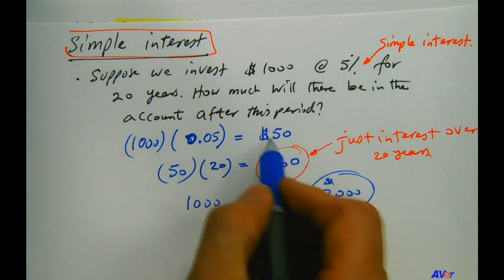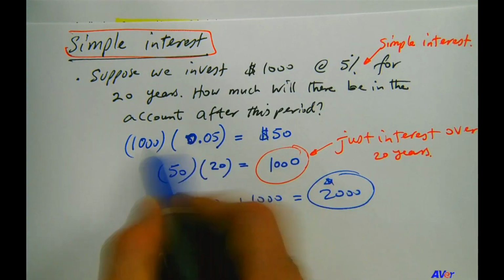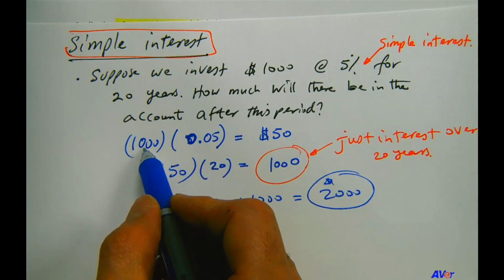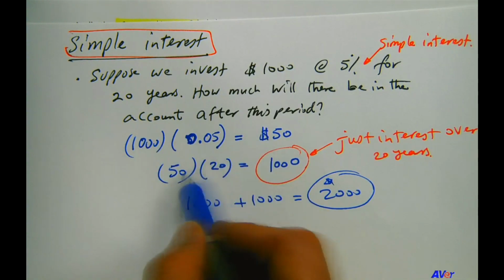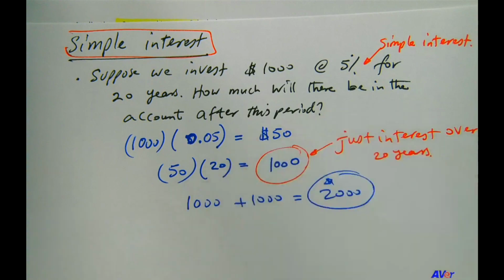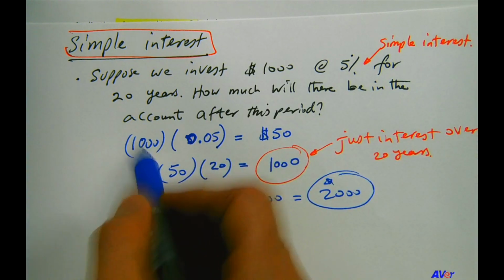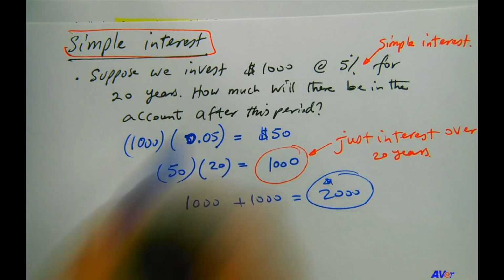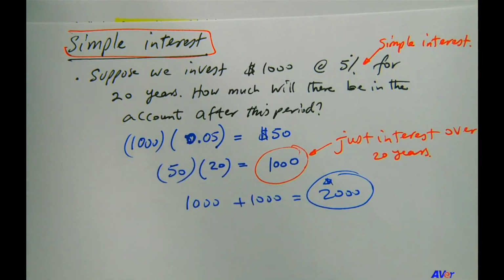That's why once I figured out what the interest is according to the principal money you invested, I multiplied that amount by 20. That gave me 1,000 for the 20-year period. That's simple interest. Your account is accumulating money, but this 5% keeps applying itself to the original money that you invested, not to the accumulating interest. Okay? That's the nature of simple interest.